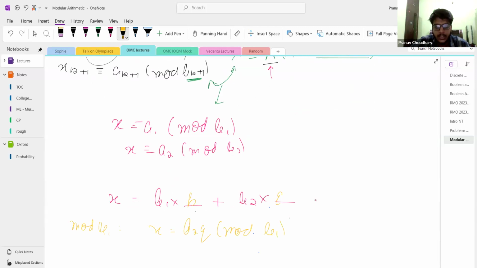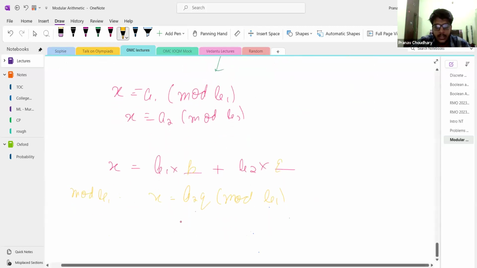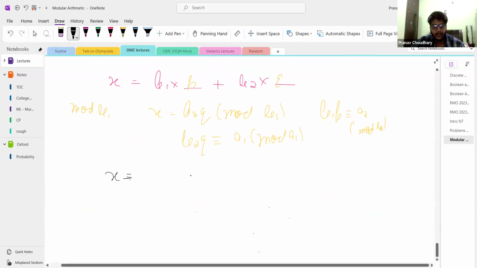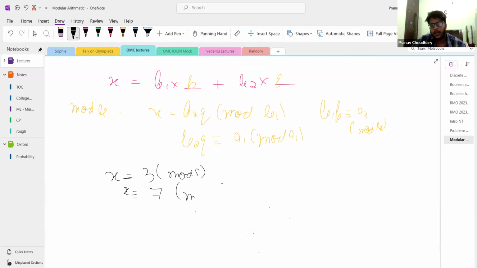So I'll find a q such that b2q is equal to a1 mod b1. This is not very hard to find, right? This is just one small equation to solve. And similarly, I can find p such that b1p is congruent to a2 mod b2. If you get the idea, I'll give one example. Let's say you have x congruent to 3 mod 5 and x congruent to 7 mod 11. Now to solve this, I'll take 5 and multiply it by something so that it's 7 mod 11.